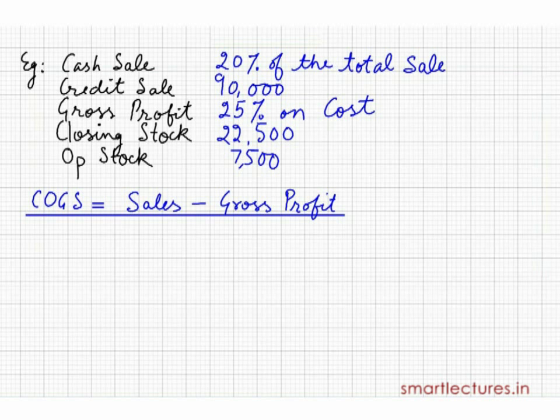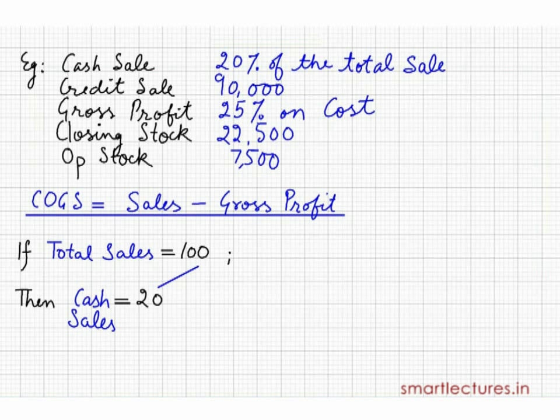It's clearly given in the question, cash sales are equal to 20% of total sales. It means if total sales is equal to 100, then cash sales is 20. It means credit sales is 80, because total sales is made up of cash sales and credit sales. On the basis of this, we can calculate the equation.